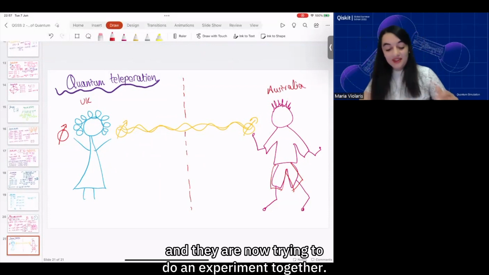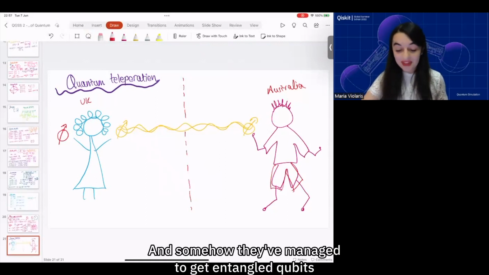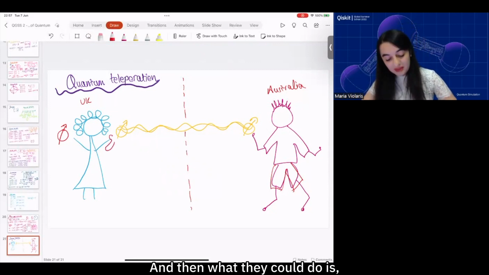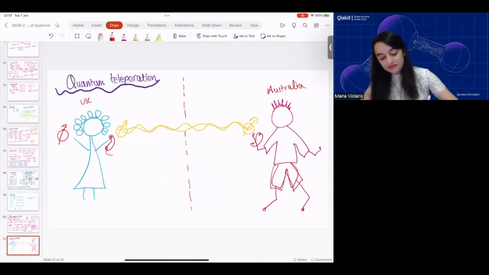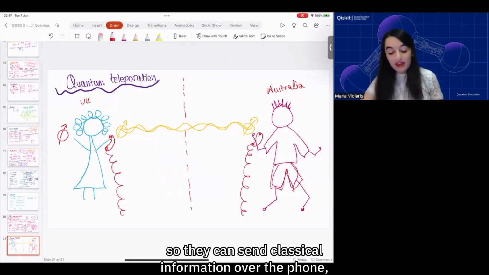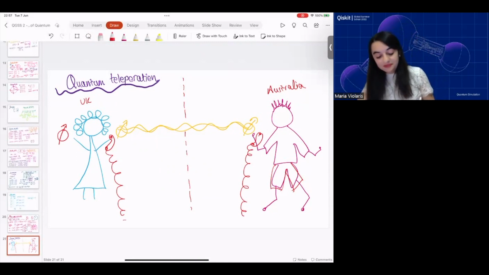And they are now trying to do an experiment together, and somehow they've managed to get entangled qubits on opposite sides of the world. And then what they can do is they're allowed to phone each other, so they can send classical information over the phone, but they can't send any quantum information to each other.